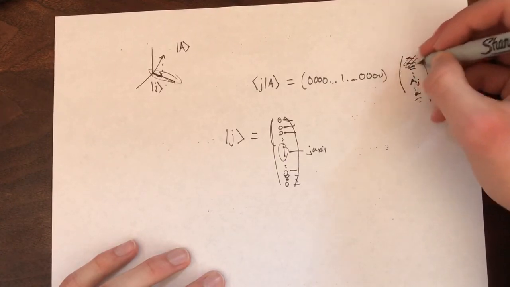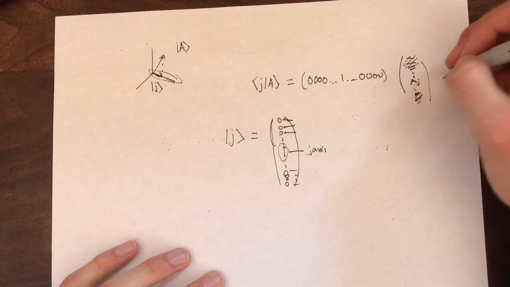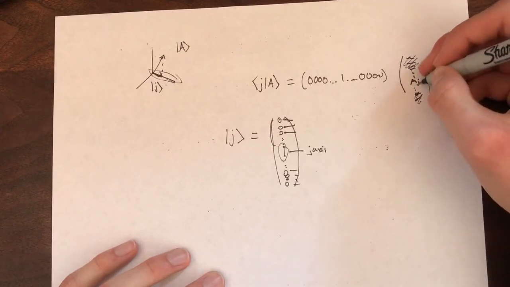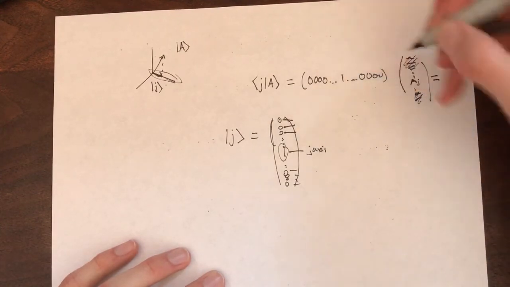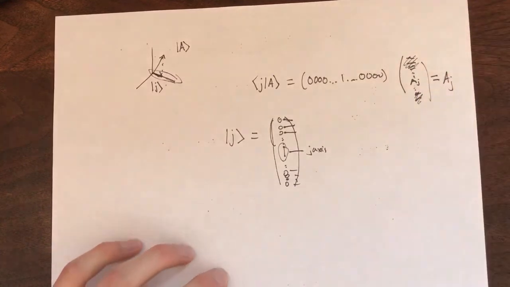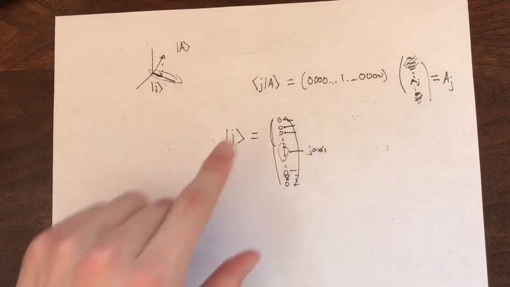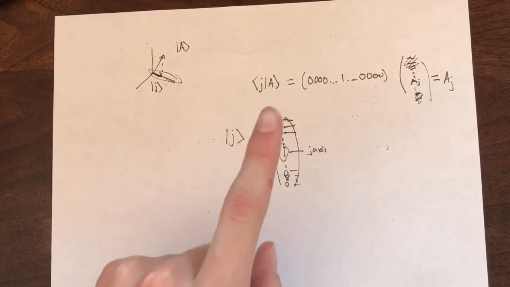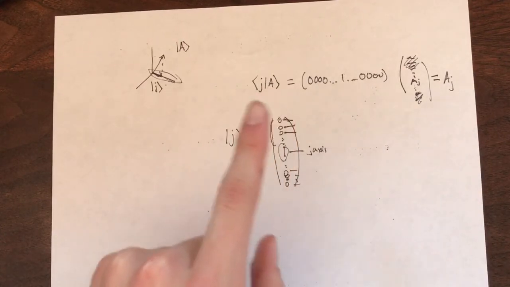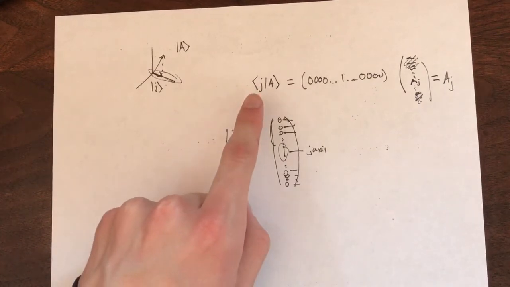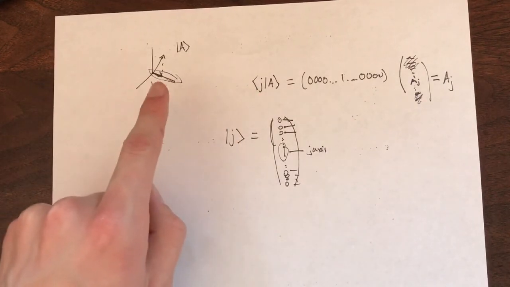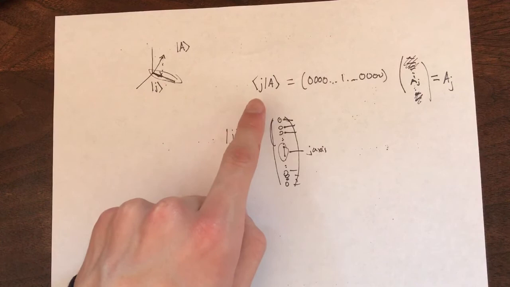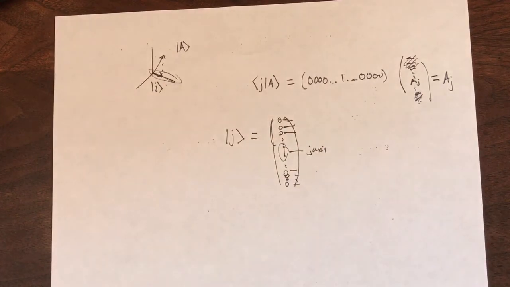All these other somethings cancel out because they're multiplied by zeros in that inner product. The only thing that's left is the j component of A, which is multiplied by 1. So you get A, j. So that's how you do it. Because of that canceling, all you need to do to find a component along some axis, j, is take the inner product with the basis vector j along this j-axis, unit length 1. Once you do that, you get the component.